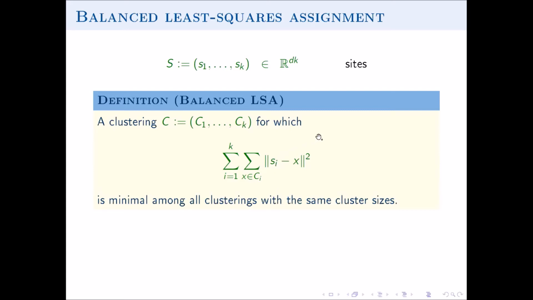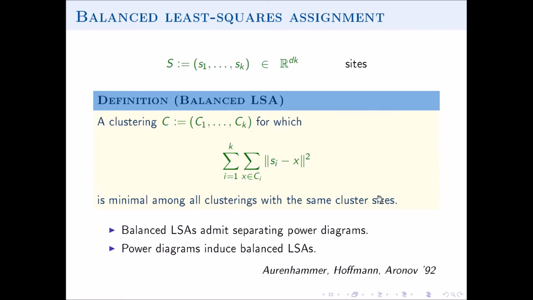And the connection between balanced LSAs and separating power diagrams is essentially one-to-one. So each balanced LSA allows one to draw a power diagram such that each cluster has its own cell.